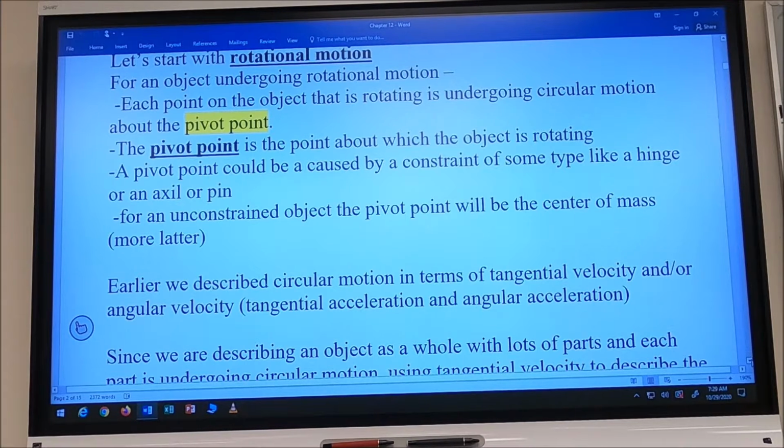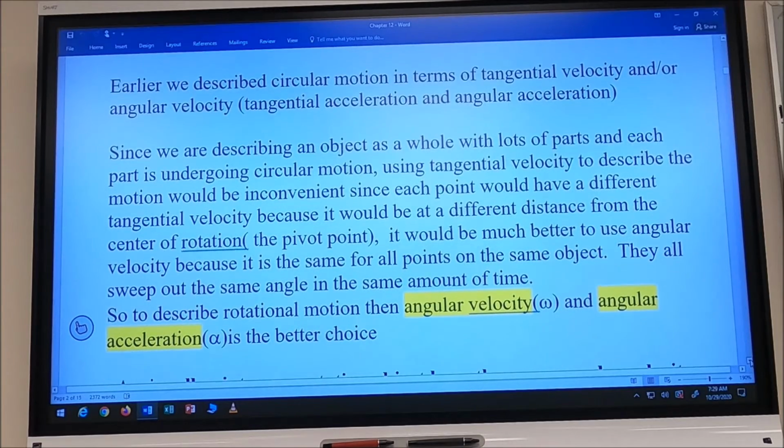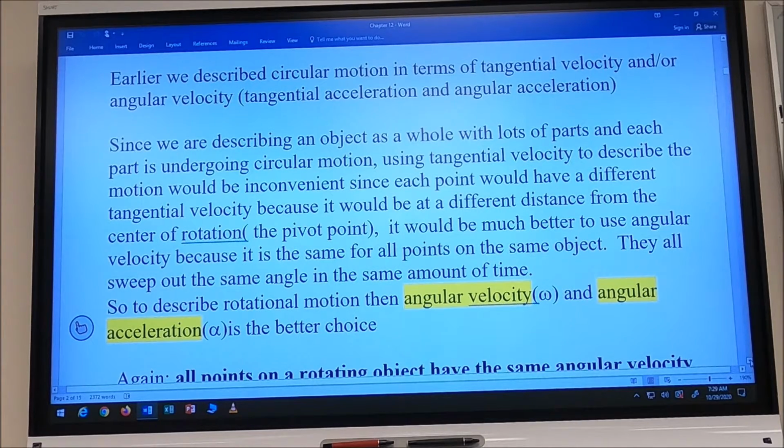Last time we talked about circular motion, we talked about both tangential velocity and angular velocity. Since we're describing an object that as a whole is undergoing rotational motion and every point on that object is undergoing circular motion, using tangential velocity to describe the motion is definitely inconvenient, because each point moving out from the pivot point to the edge is going to have a different tangential velocity.